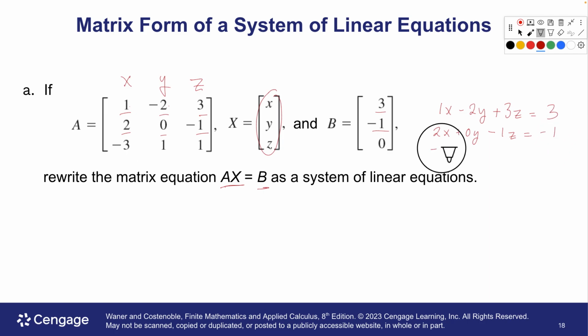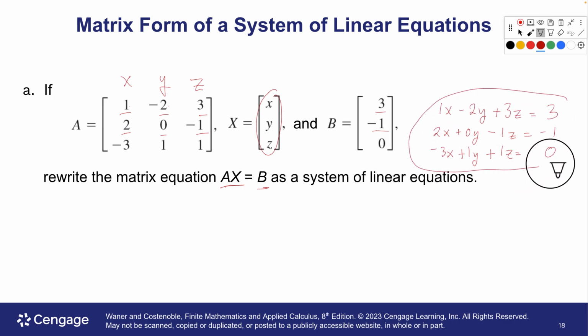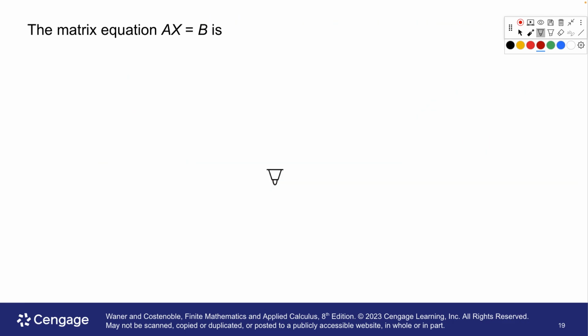And then we get negative 3x plus 1y plus 1z equals 0. We've got this system of equations, and there are times when we'll use this setup as an equation to solve it.